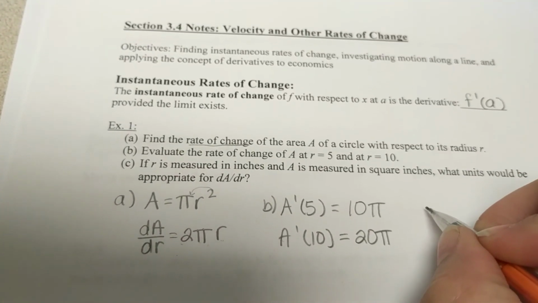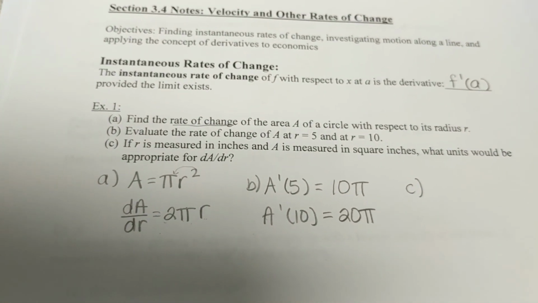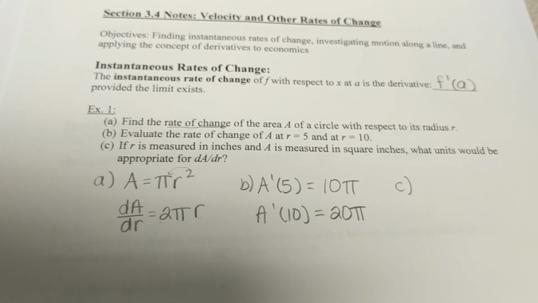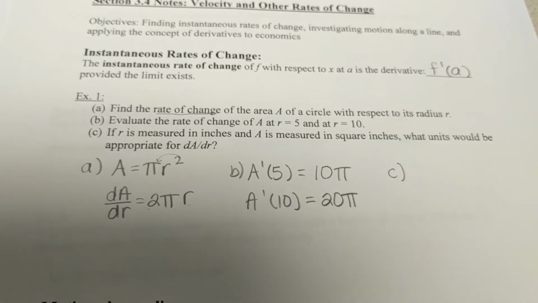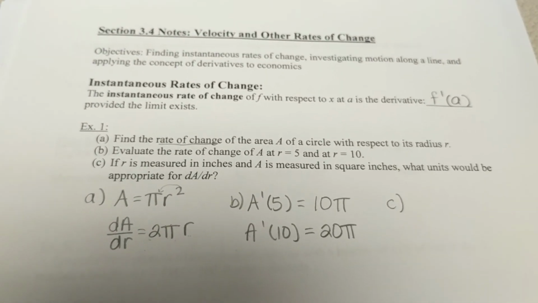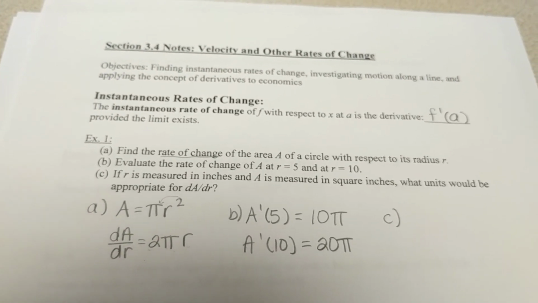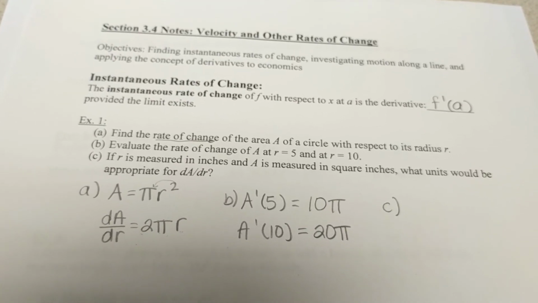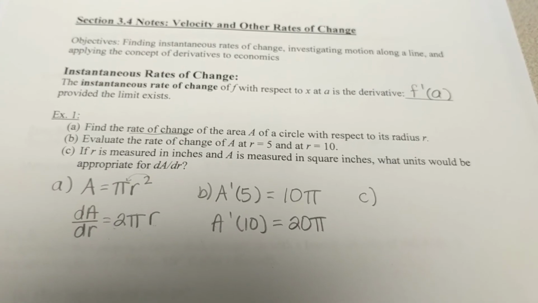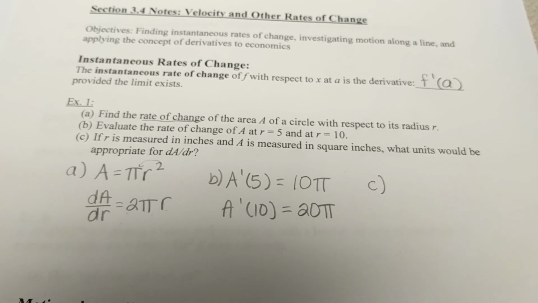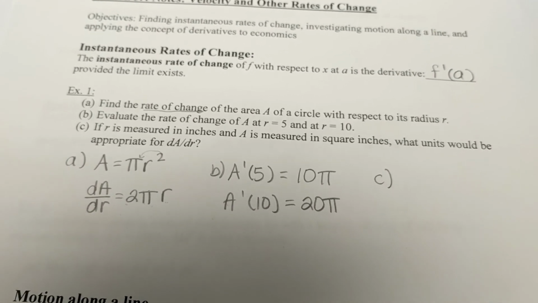So then part C says if r is measured in inches and A is measured in square inches, what units would be appropriate for dA/dr? So think about that one. What are the units if we're talking about change in area with respect to its radius?